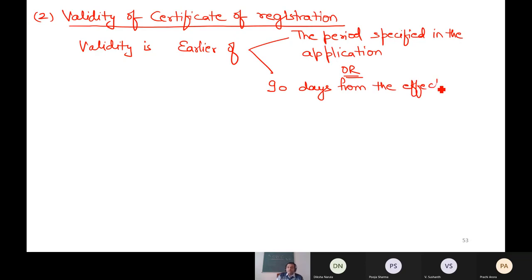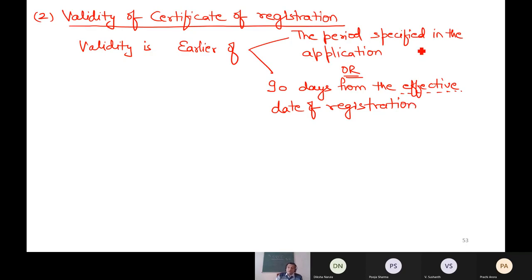Now the effective date depends on the provisions, on whether you are applying within the time limit or not. 90 days from the effective date of registration. Now whichever is earlier.